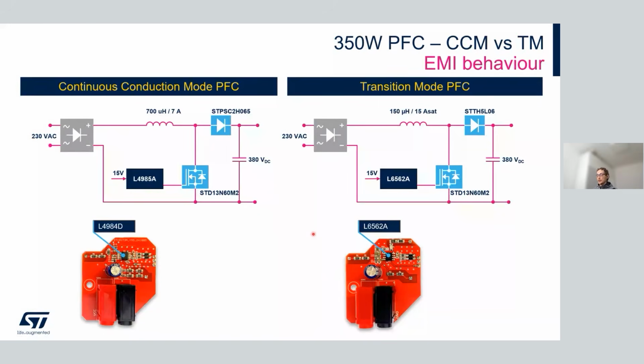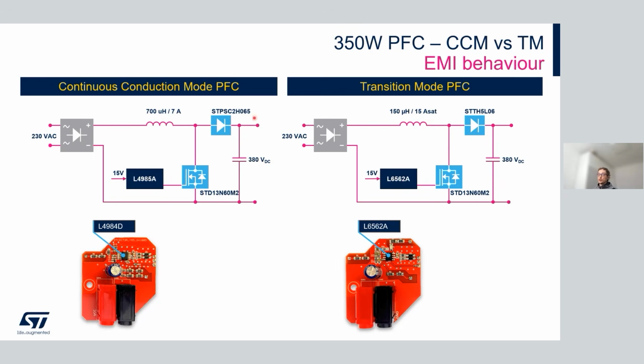In the field, customers usually ask the question, what's the difference in EMI behavior between the transition mode and continuous conduction mode? That's why we prepared for you some real measurement to see the differences in the conducted EMI. So we prepared the board.